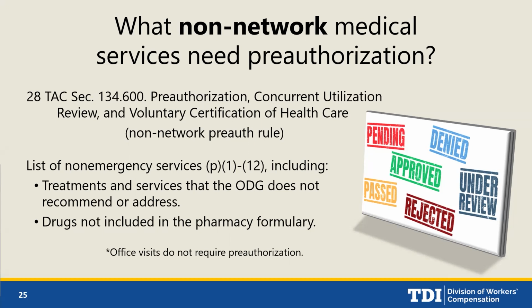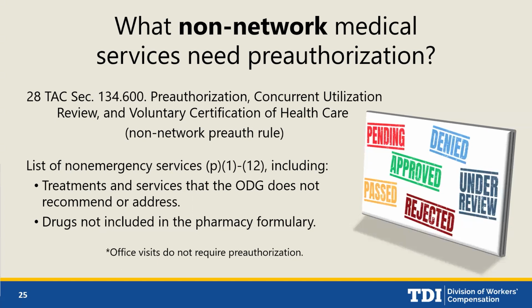It has a list of non-emergency medical services that require pre-authorization. Some of them require a little bit of reading, and conditions are in 1 through 12, but that is our list of services that require pre-authorization. So some of them are including, I think 11 and 12 say treatments and services that ODG does not recommend or address.